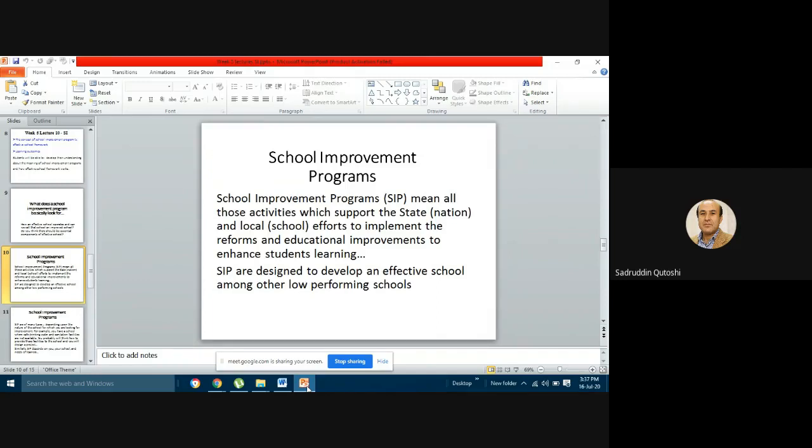Therefore, school improvement programs are basically those sets of activities which highlight those missing essential components which are not there in your school system, but which are very important in the light of the effective school framework.